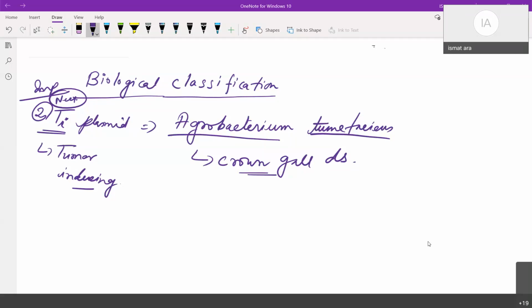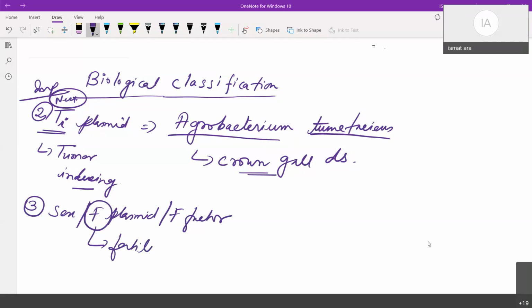Now the third category of plasmid is sex plasmid or F plasmid or F factor. This F stands for fertility. Again, this F plasmid is of two types. One is integrated. What is the meaning of integrated? Integrated means this plasmid is associated with nucleoid.